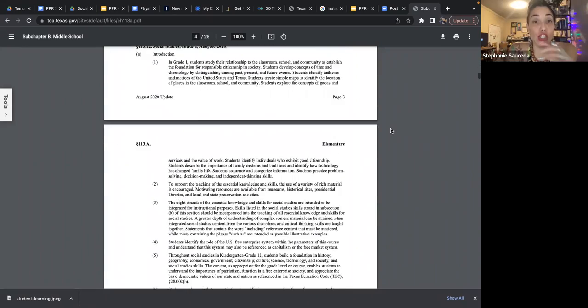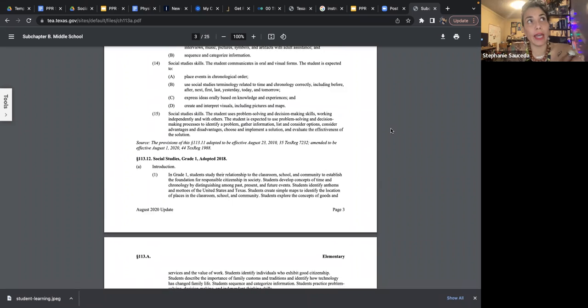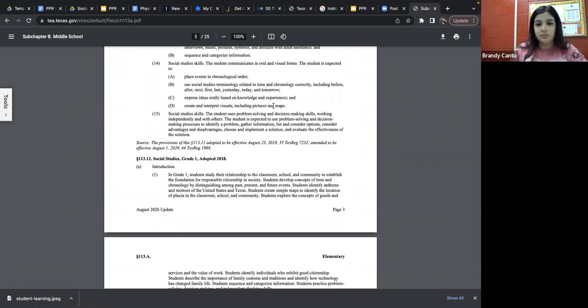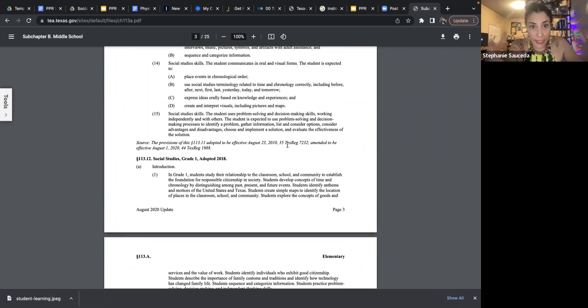Right. And your standards. Remember how I said that the social studies standards are like your Bible? Well, this is the students' Bible. This is what they decided in law. Look, it's law.